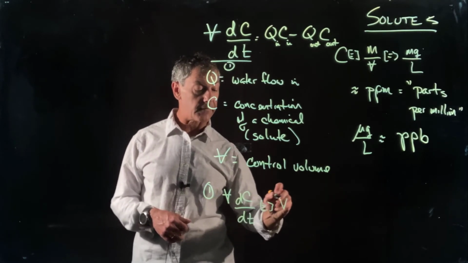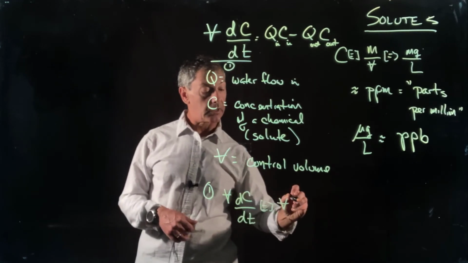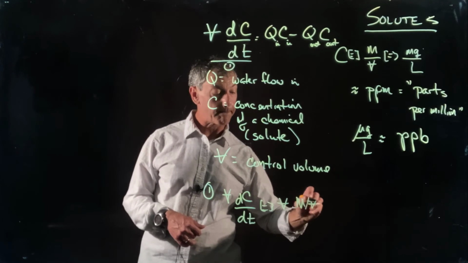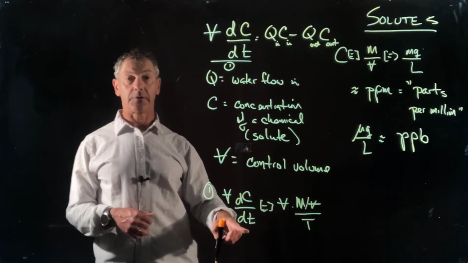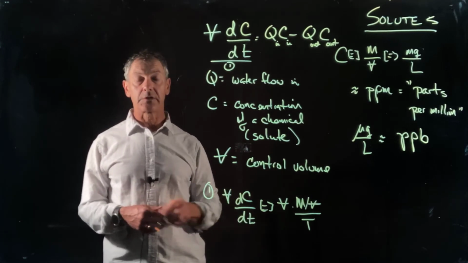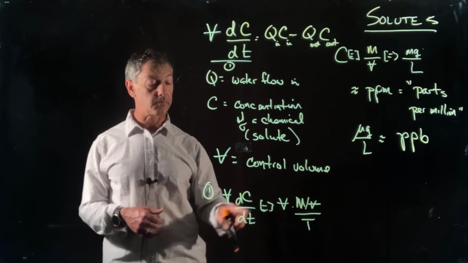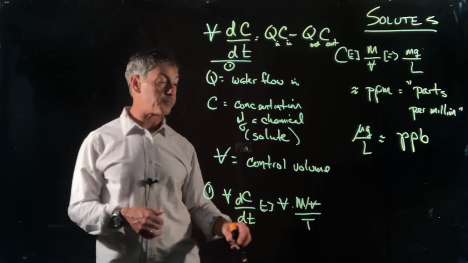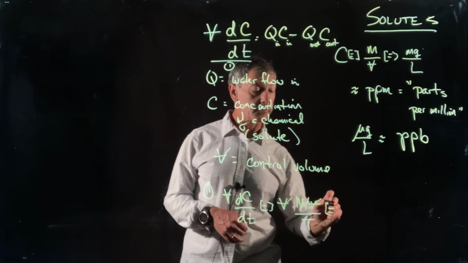And then we have mass per volume for the concentration and time for the derivative. So notice that even when we're working with derivatives, we can still work with the units in there, just ignoring the derivative. We have mass per volume or concentration on top, time on the bottom. And then you can see that these volumes cancel out and we end up with units of mass per time.